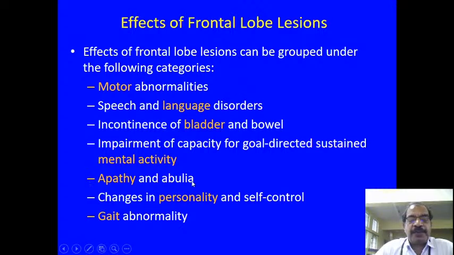It also depends upon the frontal lobe. So it may be a little abnormality like apathy, or it may be complete lack of interaction with the surroundings. And also various types of personality abnormalities will develop. And besides this, the patient may have abnormality of gait, what is called freezing gait.